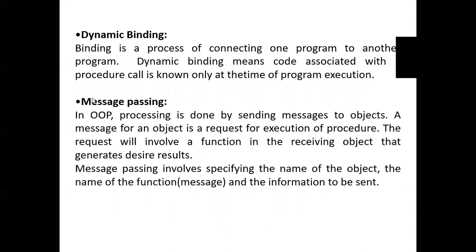Then we have completed message passing. The processing is done by sending a message to an object in object-oriented programming. Then what is a message? A message is nothing but a request we are sending to the object to complete that particular task. The message passing contains the name of the object, the name of the function, that is the message, and the information to be sent.